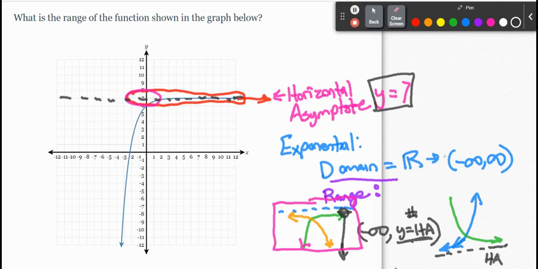So these ones, their range is always going to be the HA goes first as the lowest value, and then we go up from there. So it's y equals your HA, comma, and then it's going to go up forever. Both of these go up forever to infinity, like that. Let's see if I can't separate these a little bit better. Some purple. So these are your two options for range with exponential graphs.